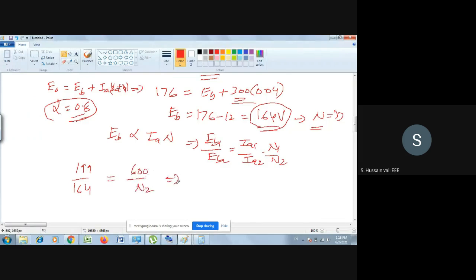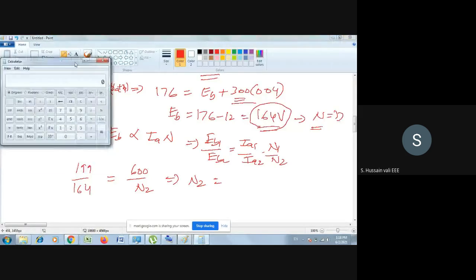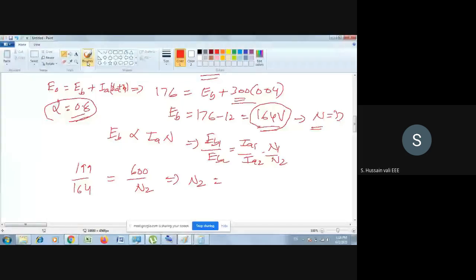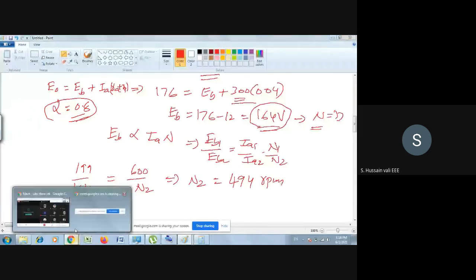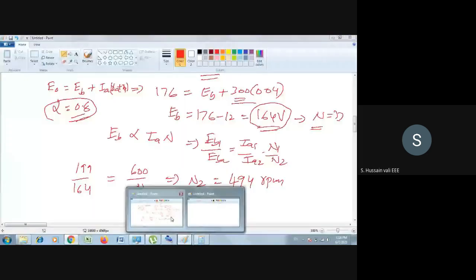What is N2 from this equation? 100 into 164, approximately we got 494. Yeah, that's it. So we got the first question, approximately this value.